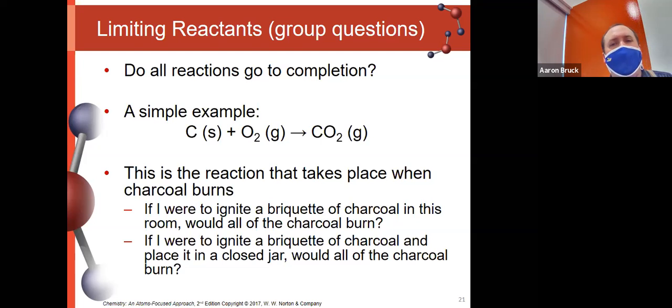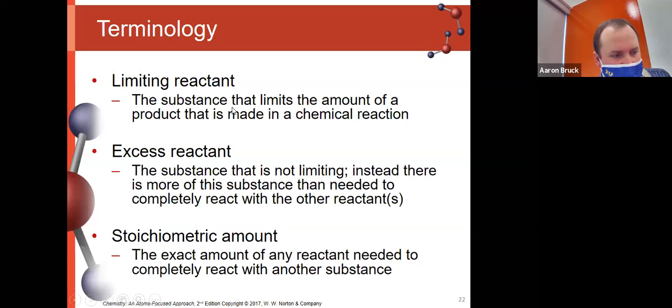Now, how do we apply this to other kinds of scenarios? Well, what we're talking about here is something called a limiting reactant. A limiting reactant, by definition, is the reactant that runs out first. And because it runs out first, it is the reactant that ultimately is responsible for how much product is made.